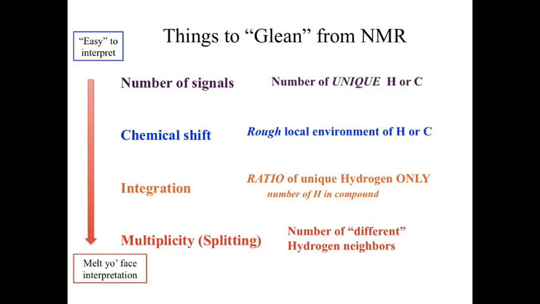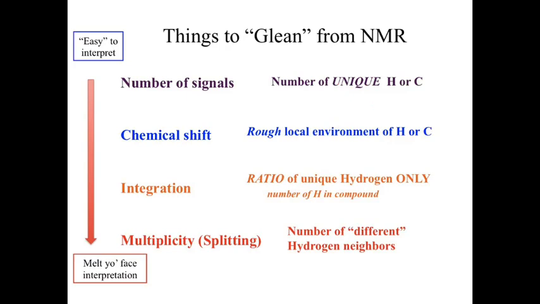So it actually provides a lot of information, and you'll notice that most experienced organic students that deal with spectroscopy will jump straight into the multiplicity. And that's because they've worked so much with the number of signals, the chemical shift, and the integration that they can put structural pieces together very, very quickly in their head, and then add that last little piece of the multiplicity, getting that splitting pattern down to get that last section of structure.